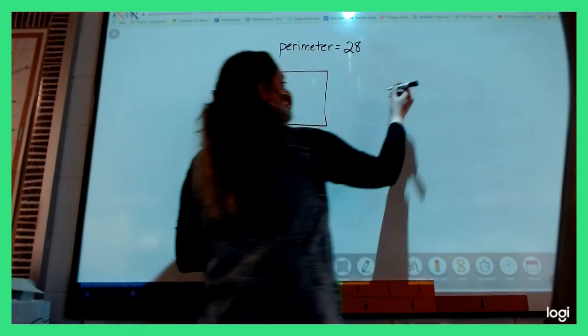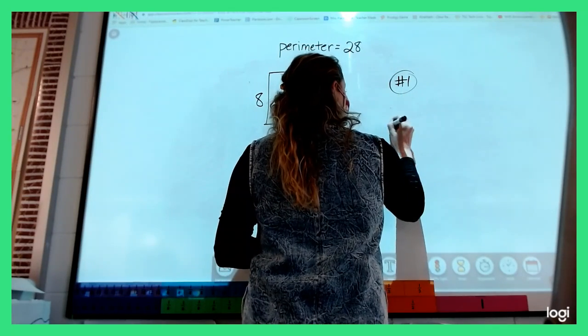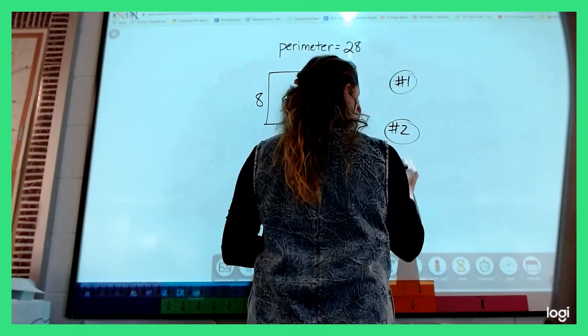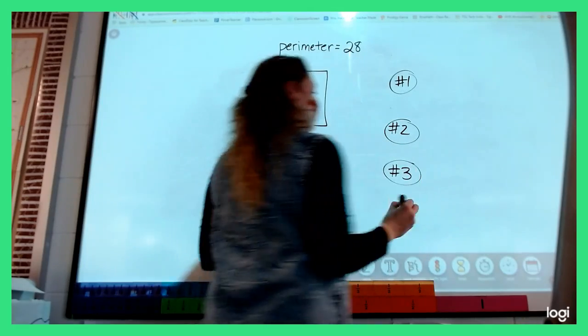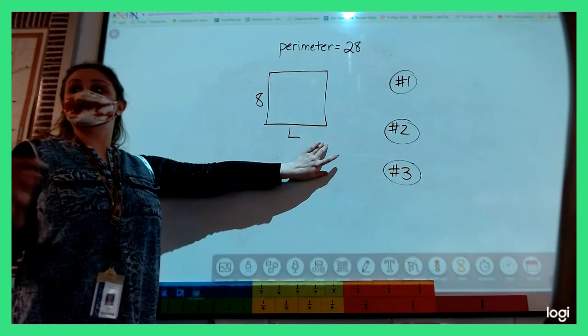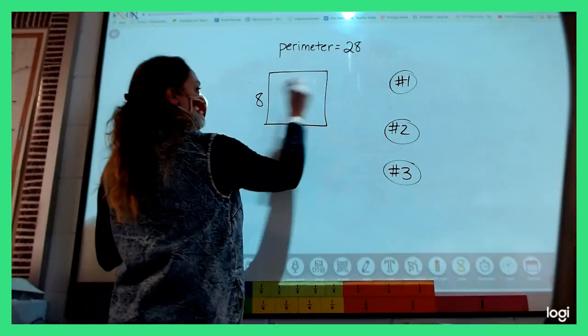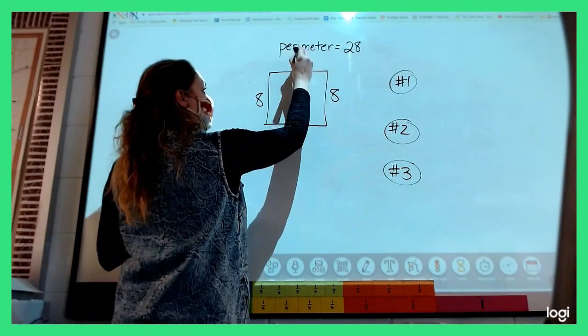If it helps you on these problems, just write step 1, step 2, and step 3. But really, we have a step before we start all those steps. What do I want you to do with your picture until we're experts? Hayden? Add the other 8. Yep, I want all your sides labeled. So the 8 matches this side, the L matches this side.